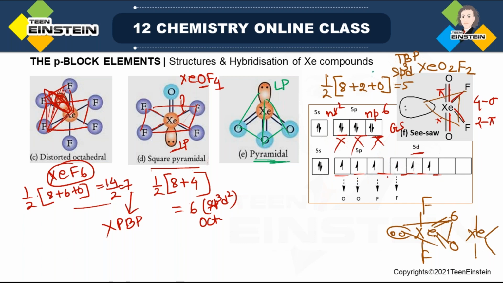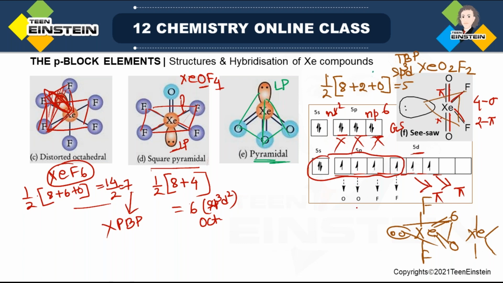Now, for a pi bond, always remember the electrons that are not involved in hybridization are the ones used in pi bond formation. Here the last 2 electrons will be used in pi bond formation, because without these you have sp3d.